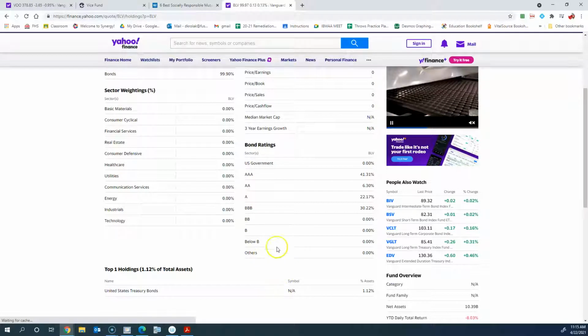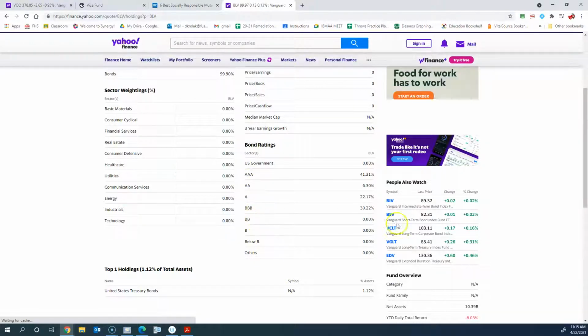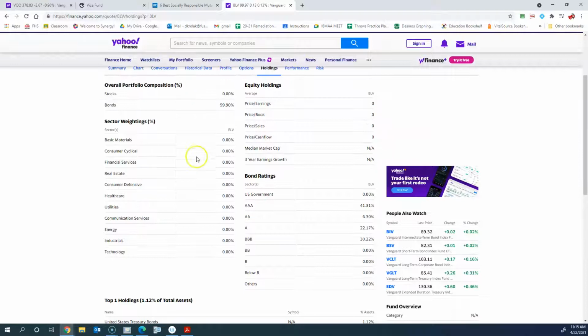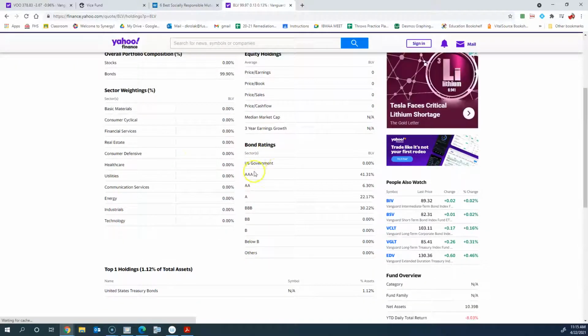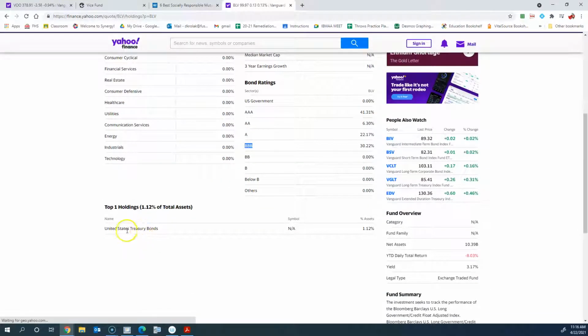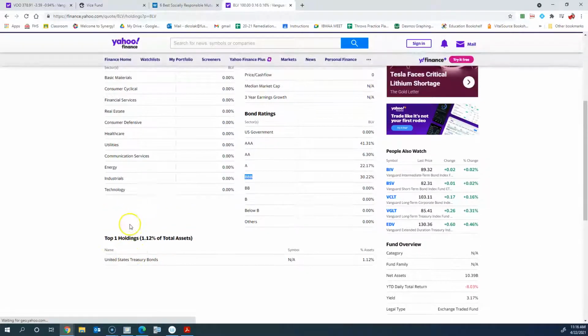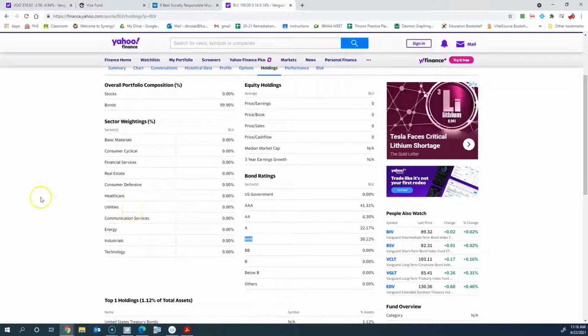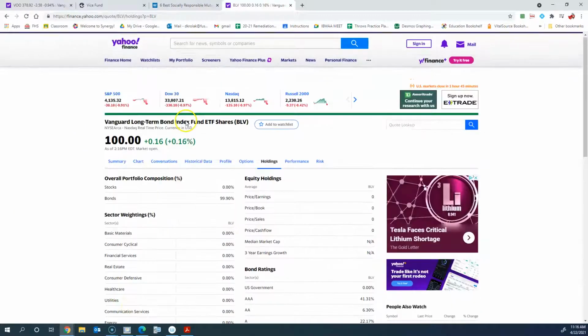You can see they don't have any of their investments in anything below a triple B. All of their stuff is in triple A's and triple B's, 30%, 40%. The top holding is U.S. Treasury bonds, which are very safe. You're not going to lose money on that.